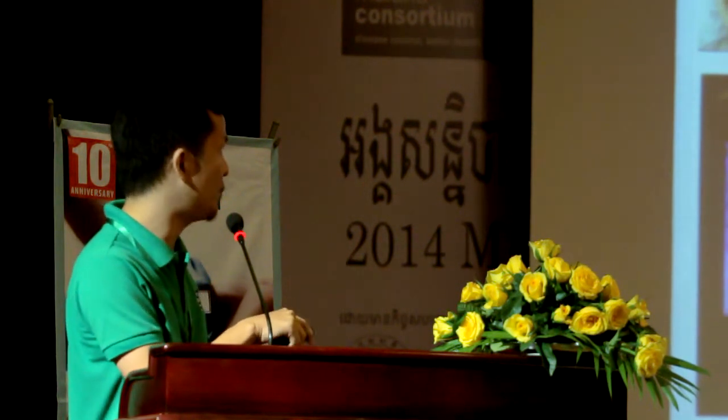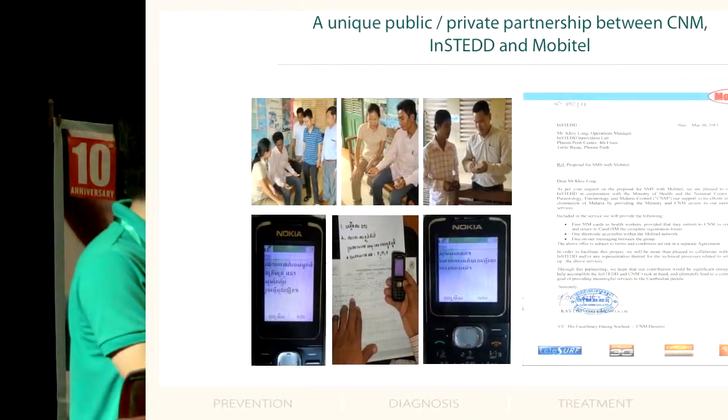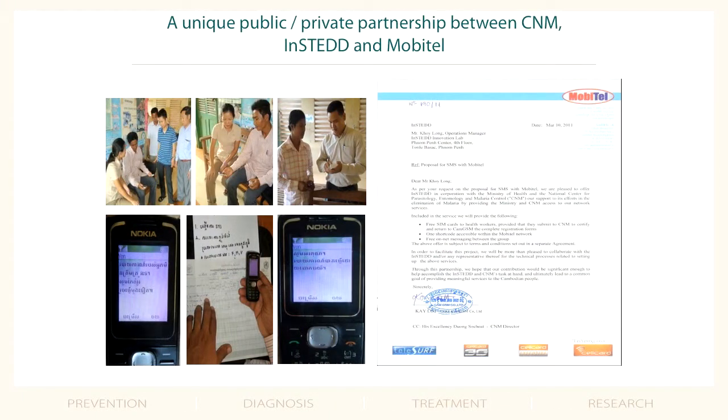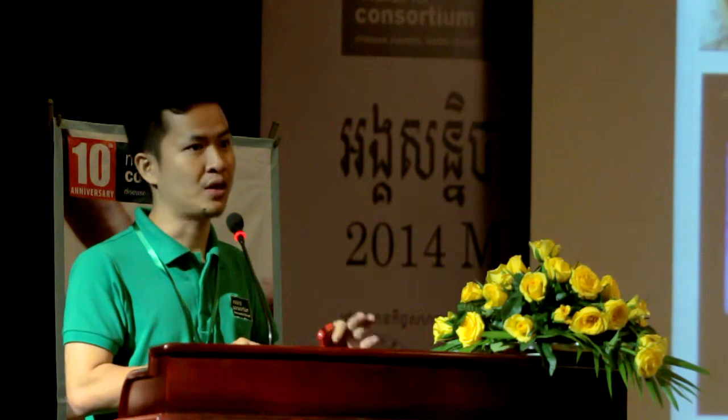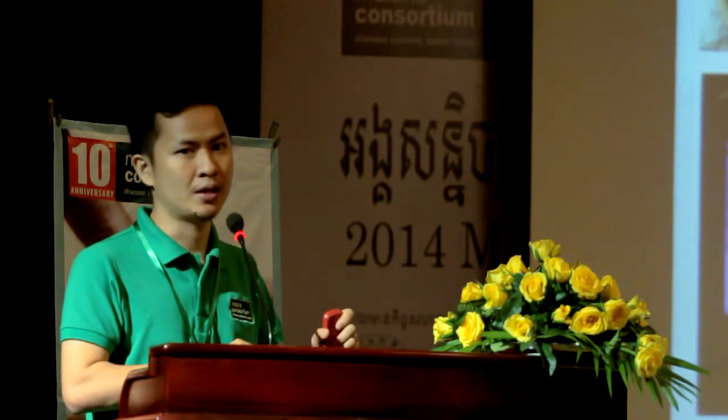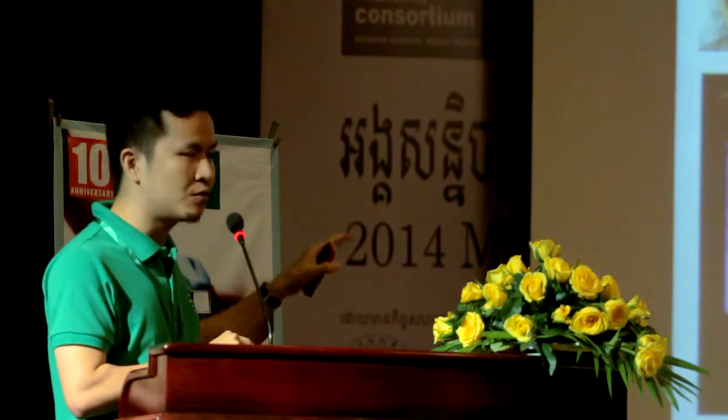For example, Mobitel provides a special SIM card, 1,500 SIM cards. That SIM card is very special. Why special? Because that SIM card has no expiry. SMS to that system has no charge. Without the SIM card, no credit is needed. That's why our system is very low cost.